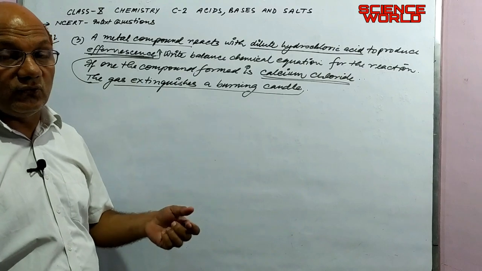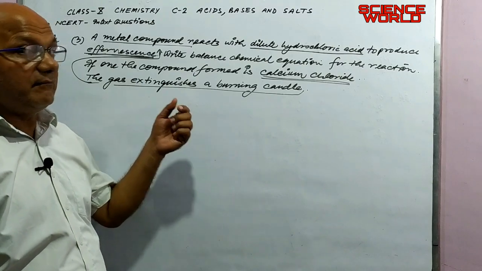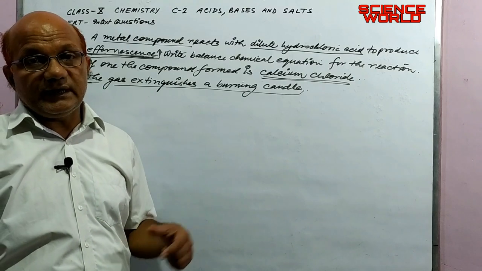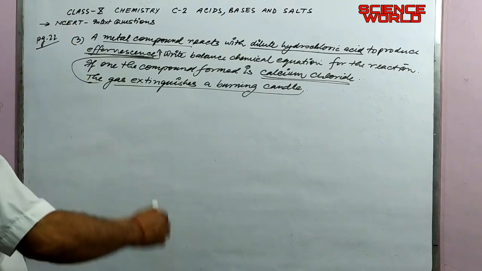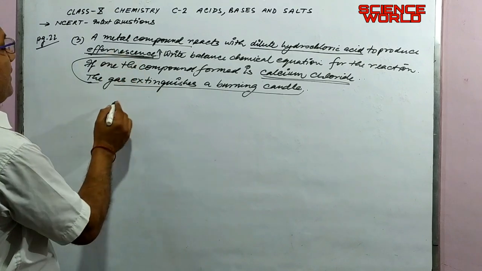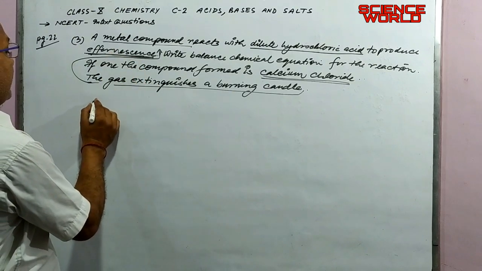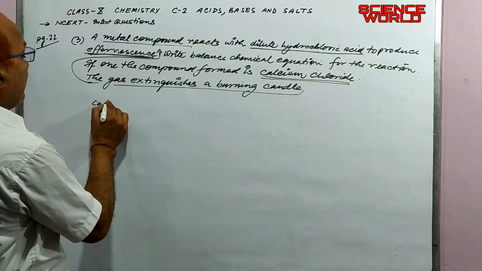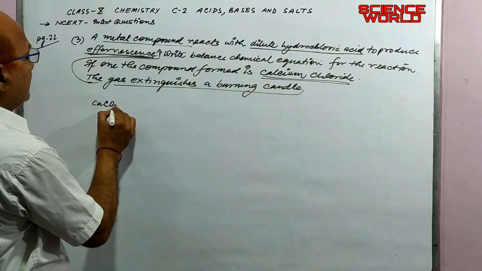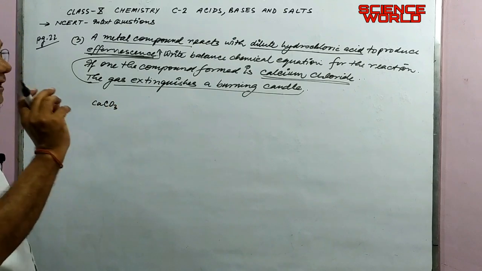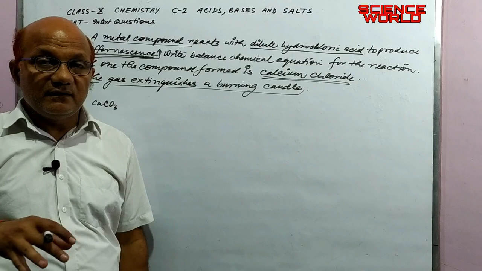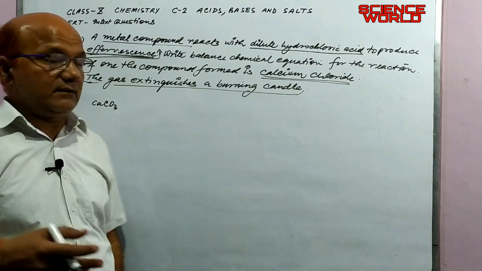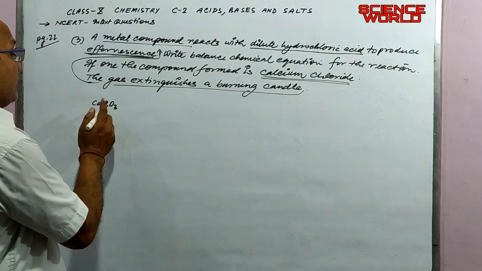And as you know, when a metal carbonate reacts with acid, CO2 gas is produced. So, the metal compound is calcium carbonate, because if carbon dioxide gas is released, it means surely the compound has some carbonate, that is, it is a metal carbonate.